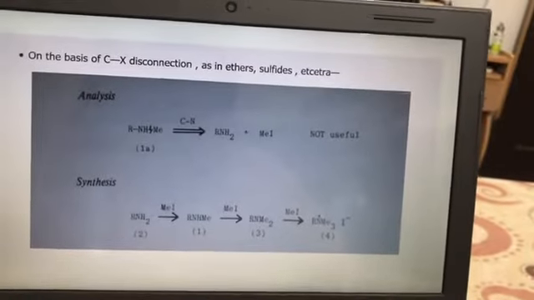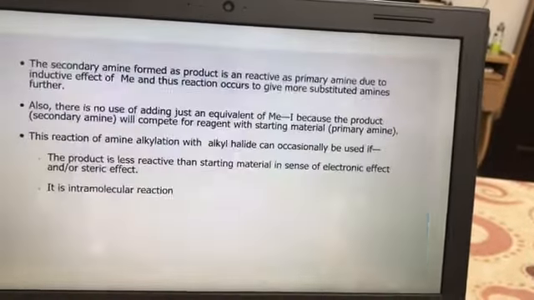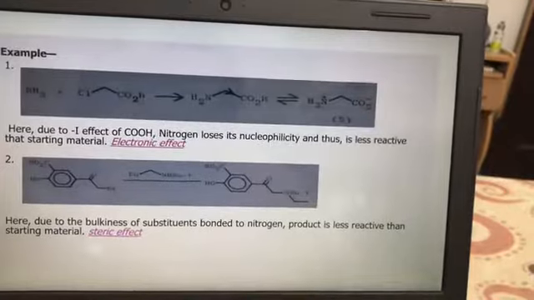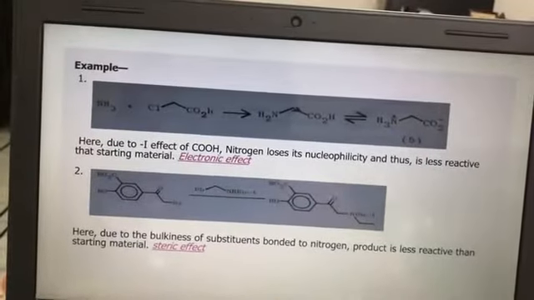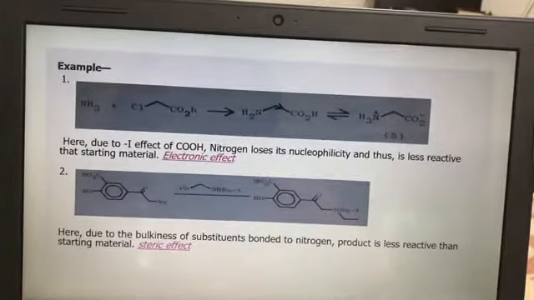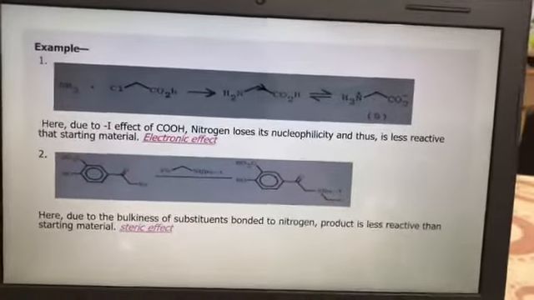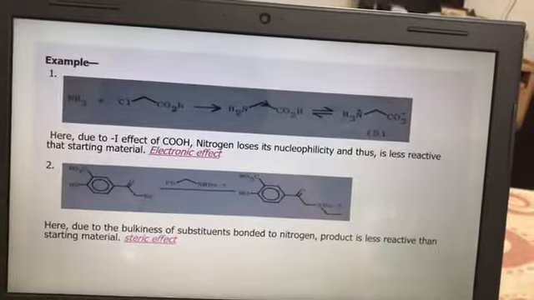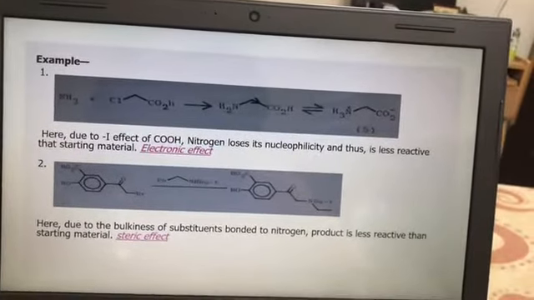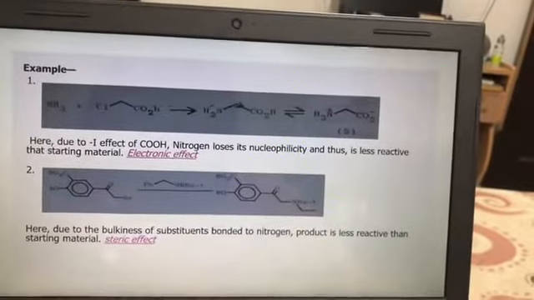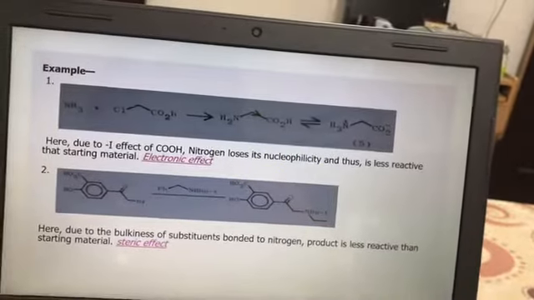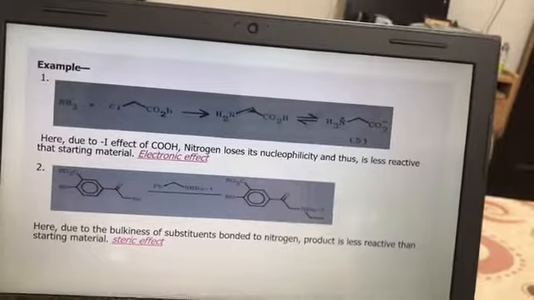and that is quite not possible here, but we can still use alkyl halide if we take care of the electronic effect or steric effect. Since nitrogen in amine is nucleophilic, it is really reactive and goes further to react with the alkyl halide to give tertiary or quaternary ammonia.